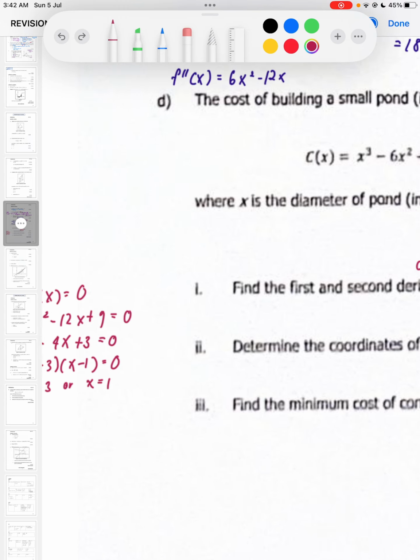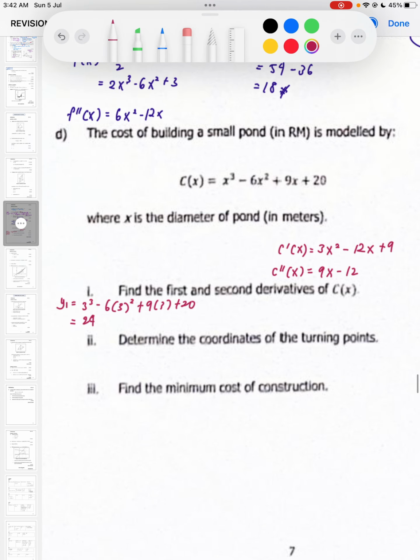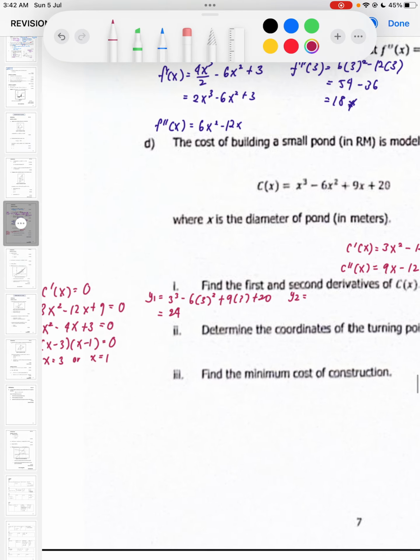Okay, so let's put y1 equals 3 cubed minus 6 times 3 squared plus 9 times 3 plus 20. Let me just put that in the calculator because I'm too lazy to find it out myself. So 6 plus 9, plus 20. So that would be 24. And then for y2, that's going to be 1.